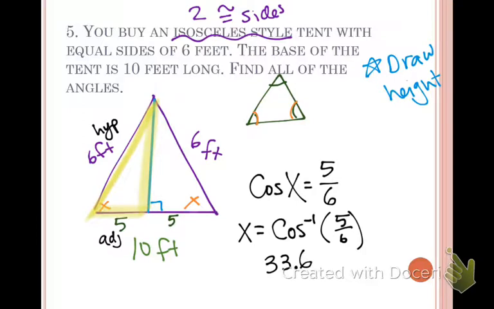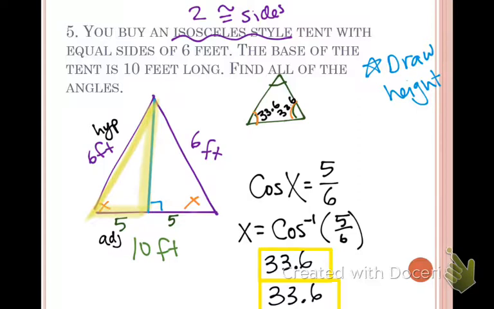Perfect. So, if this angle is 33.6, what do we know about the bottom right angle? So we got 33.6, 33.6, and then how do I find the third angle in my triangle?